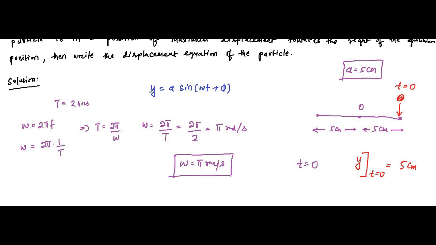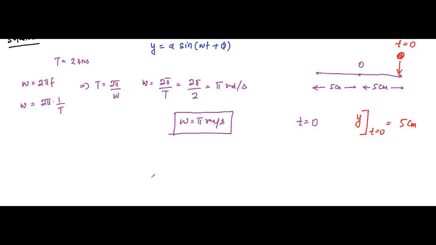So here if we put this in the SHM equation, where y is equal to 5 sine (pi t plus phi), and put y equal to 5 at t equals 0, then that will be 5 sine (pi into 0 plus phi).